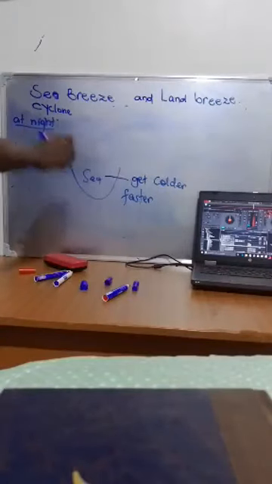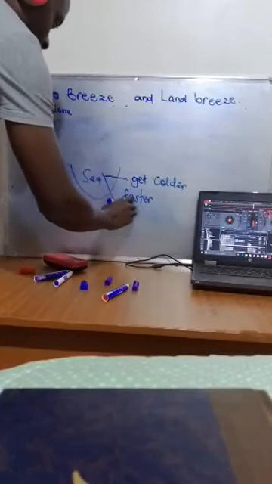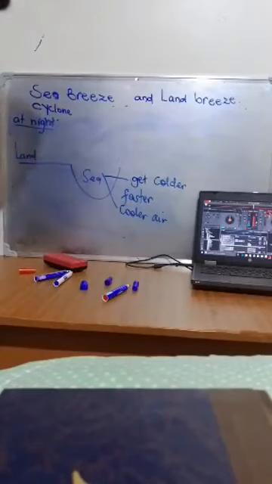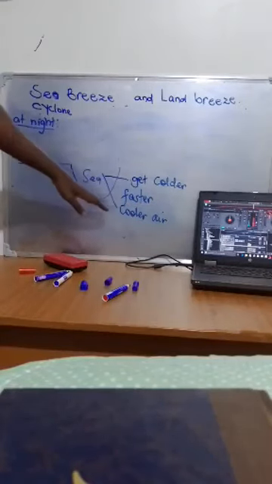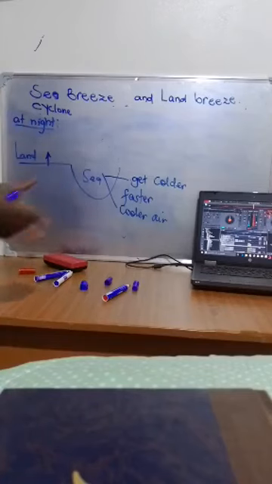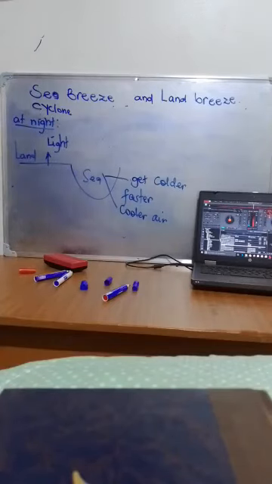Now, this means that air here is cooler. This air gets cooler faster than air here. Now, the air here, because of the heat during the day, is still light. What does it mean?